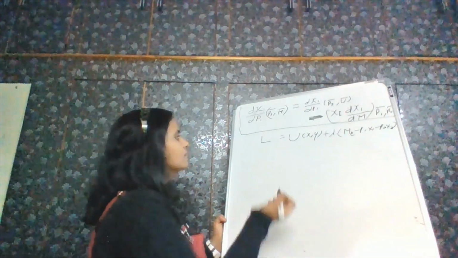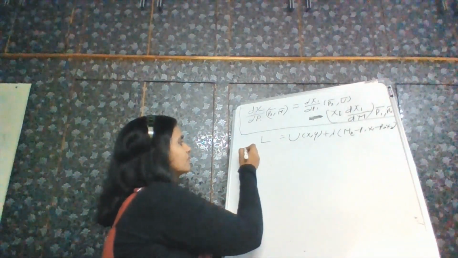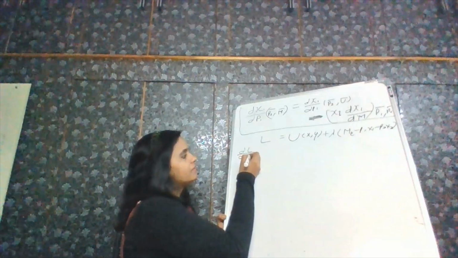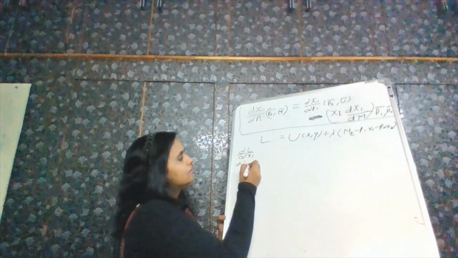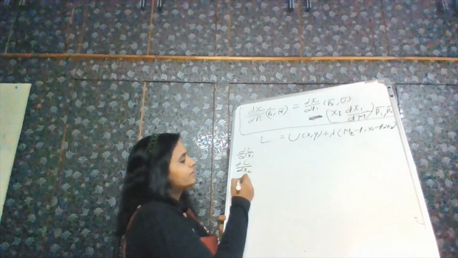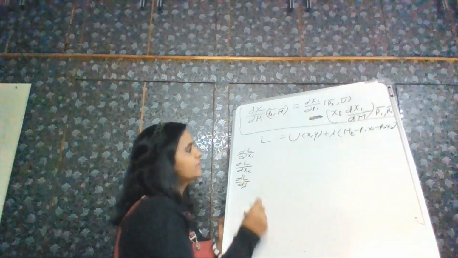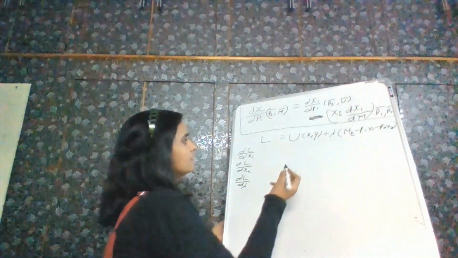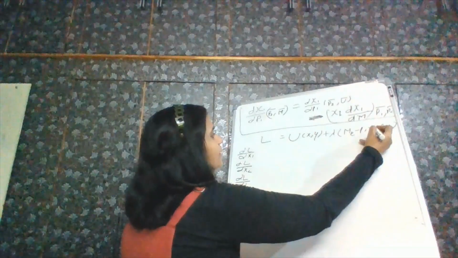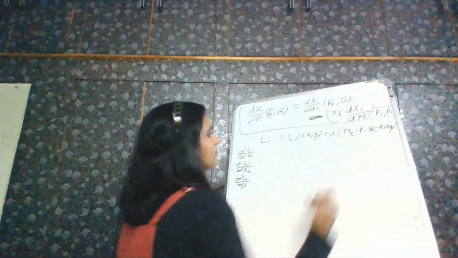Now, what you have to do? You have to differentiate it in terms of x1, in terms of x2, and in terms of lambda. These are your three variables here, x, y, and lambda. If we are doing xy, then we should put xy here.